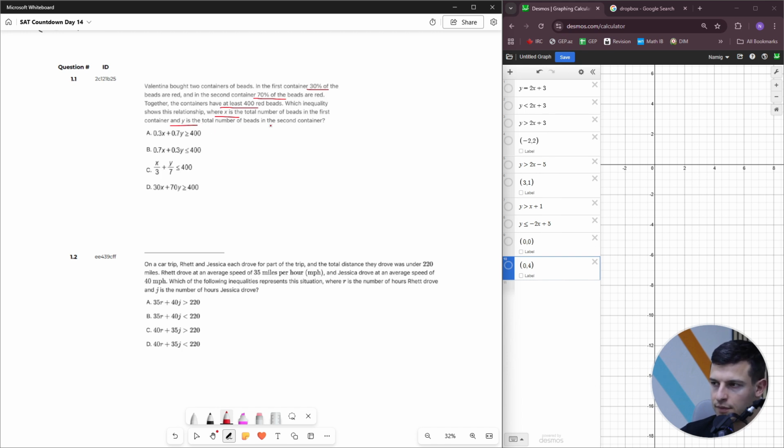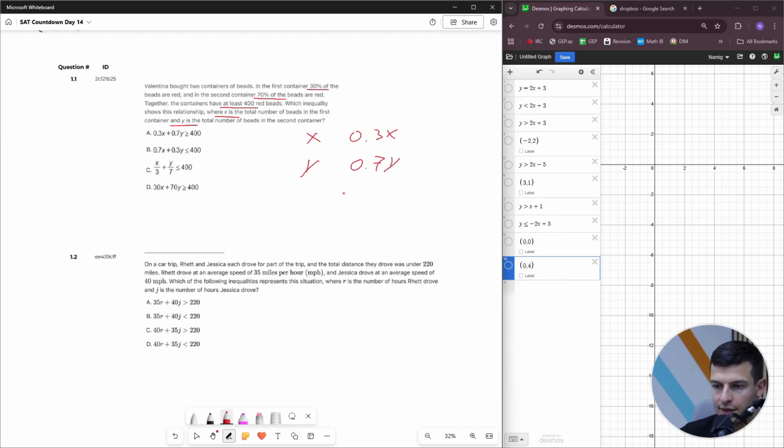So X is the first container, and Y is the second container. 30% of the beads are red, so 0.3x of the first container is red, and 70% of the second container is red.